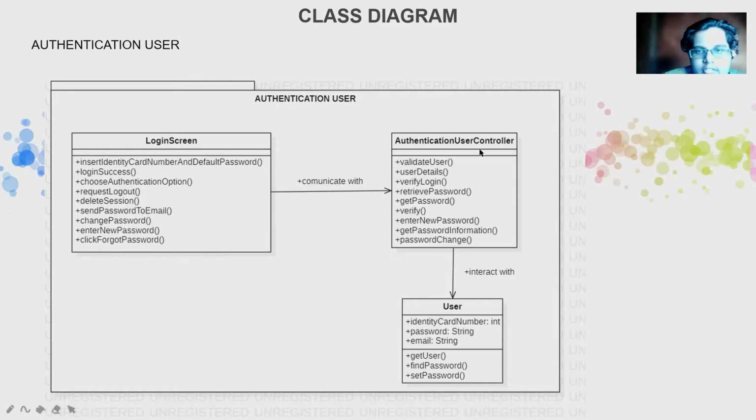It communicates with the authentication user controller: validate user, user detail, verify login, retrieve password, get password, verify, enter new password, get password information and password change, and it will interact with user. Identity card number is int, password is string, and email is also string. For operations, get user, find password, and set password.